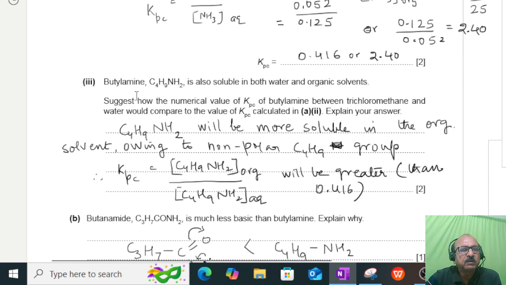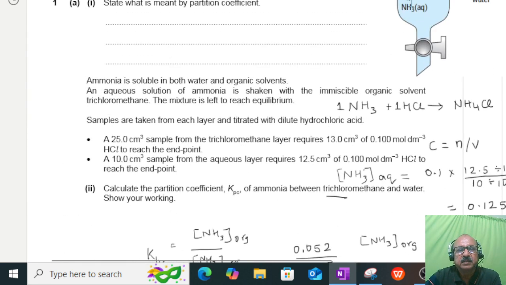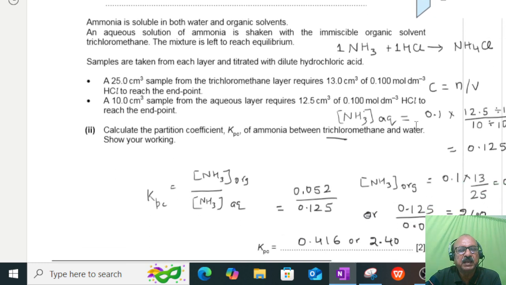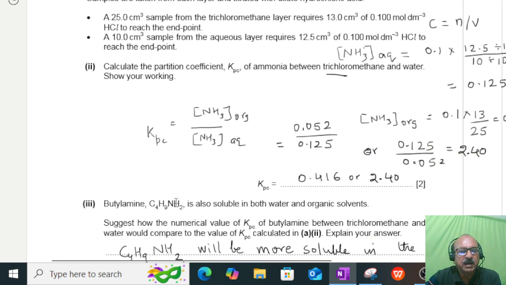Now the next part of the question is that butylamine is also soluble in both water and organic solvents. Suggest how the numerical value of Kpc of butylamine between trichloromethane and water would compare to the value of Kpc calculated in the previous part, and explain your answer. What has been done is that ammonia has been replaced by butylamine.